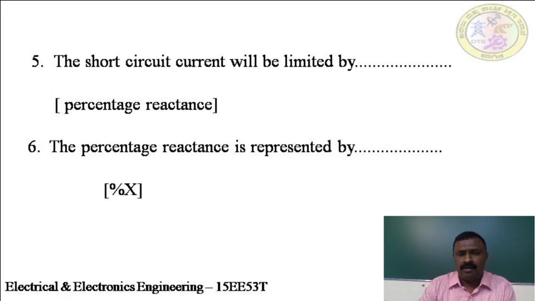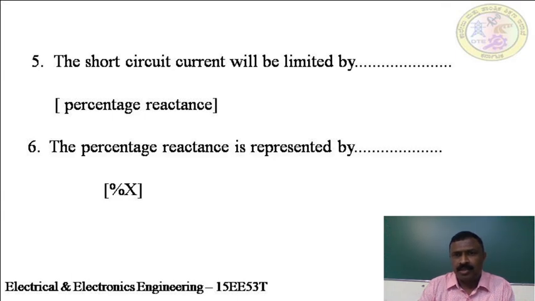Again we have fill in the blanks questions. The short circuit current will be limited by dash. Always the short circuit current will be limited by the percentage reactance, because the short circuit current ISC is equal to I into 100 divided by percentage X total.